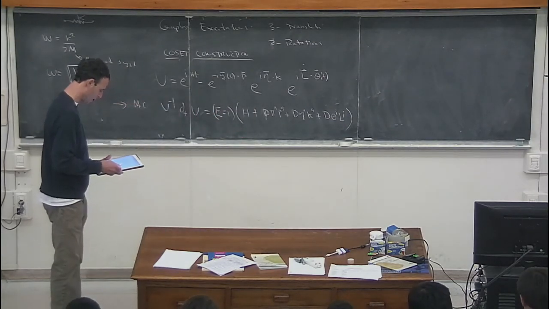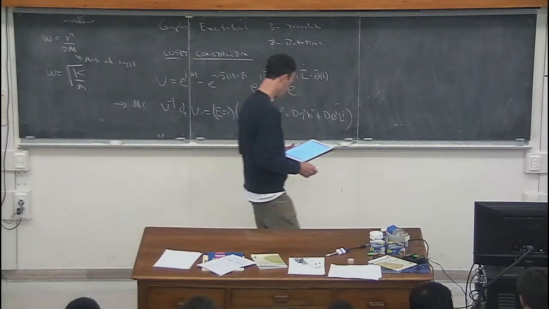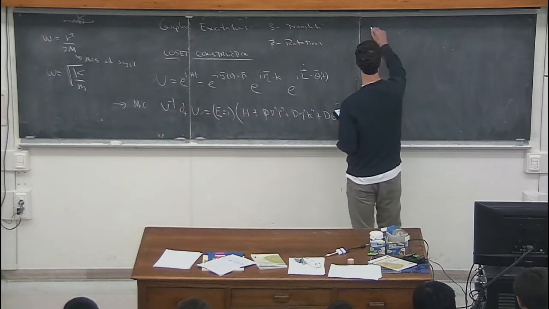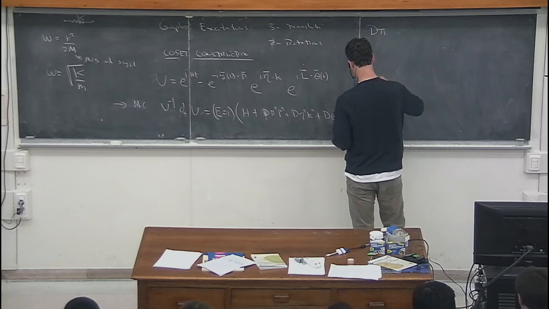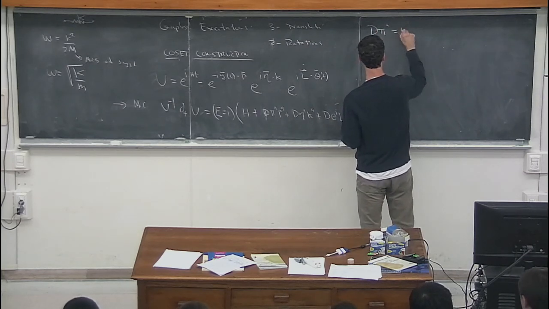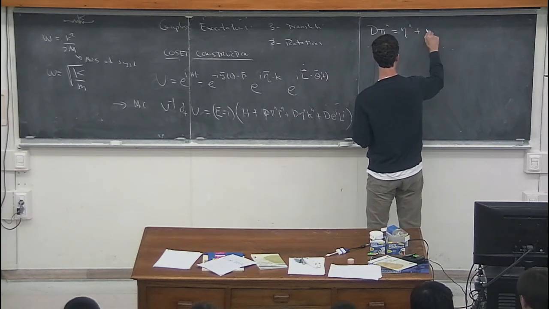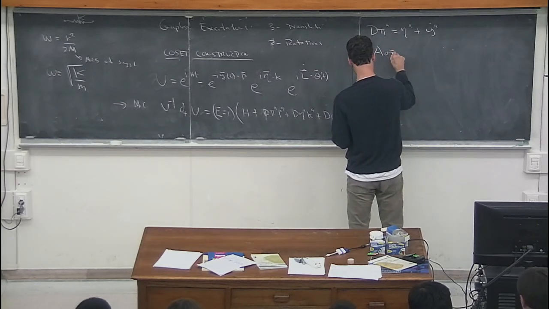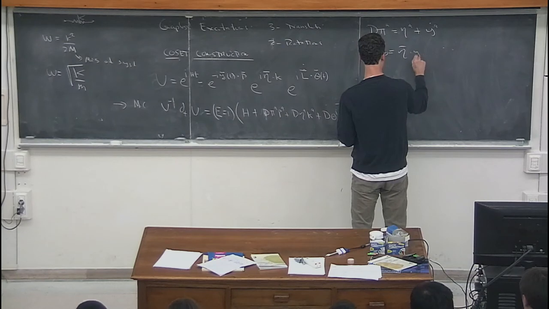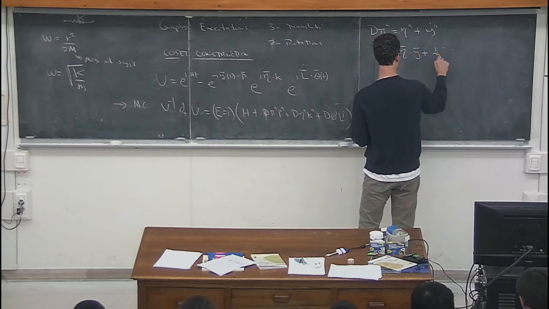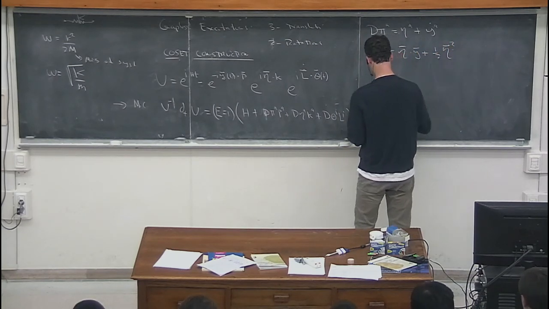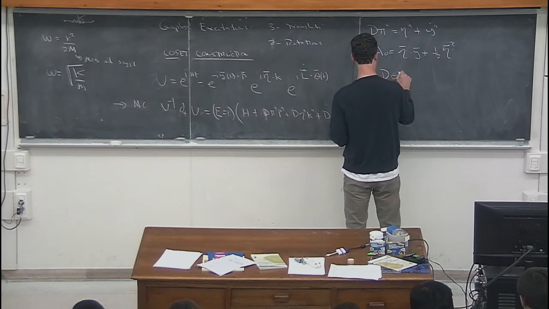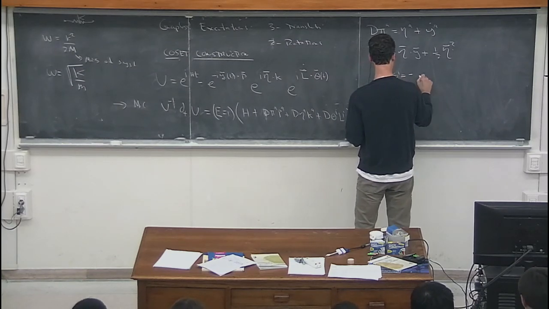But now let me tell you what everything looks like. So D pi a is eta a plus y a. A0 is the same as it was before. Now we have D theta I is theta dot.